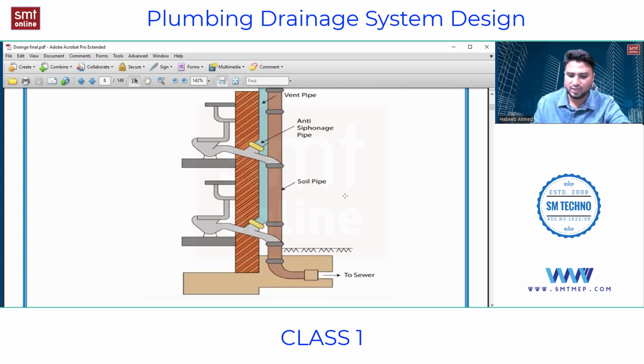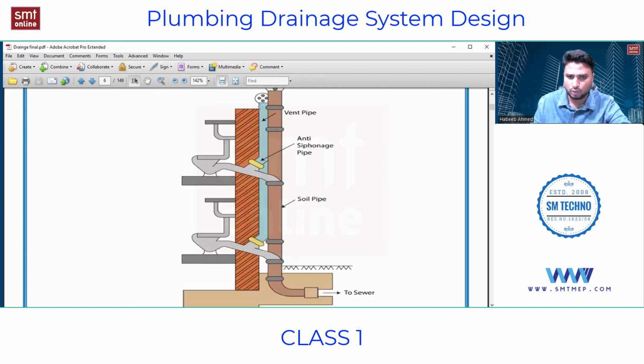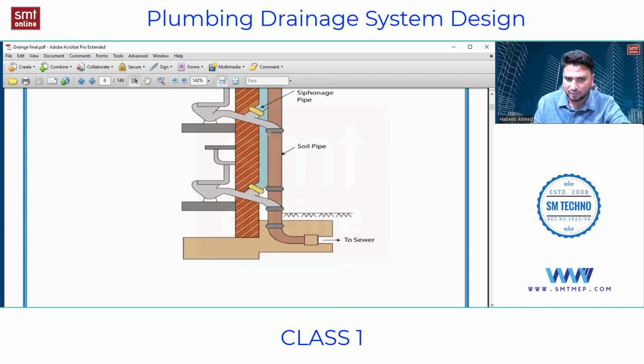When we have high-rise buildings, what happens in actual practice is, for example, if you have 20 floors in the building, and someone uses the WC on the 18th floor and flushes, the moment they flush, a huge amount of water drains out from this WC and comes down by means of gravity.